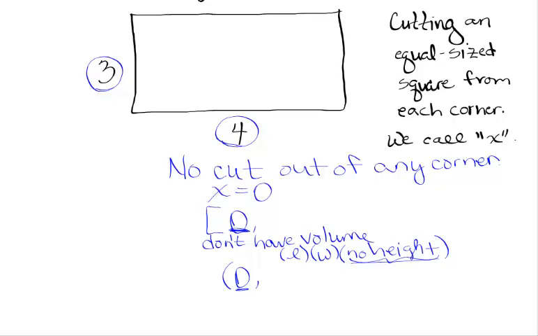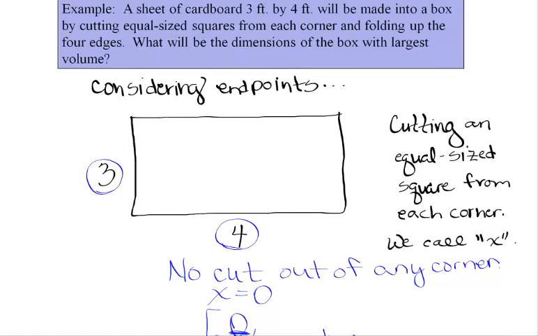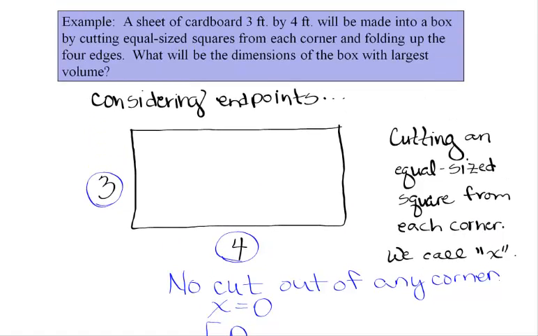Now, as far as how big x could be, this is the biggest constraint on how big x could be. If I took this cardboard and I just folded it in half, right on top of that, well, that would be the largest that x could be.